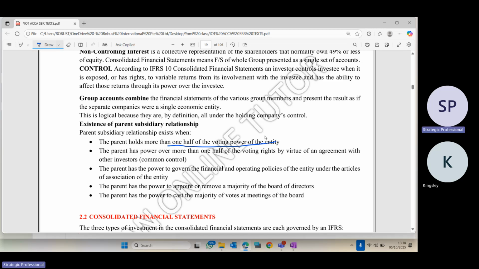Children cannot do things without their parents controlling them until they are matured. That is a parent-subsidiary relationship. Then where the parent company has the power to appoint or remove the majority of the board of directors, we can say there exists a parent company.